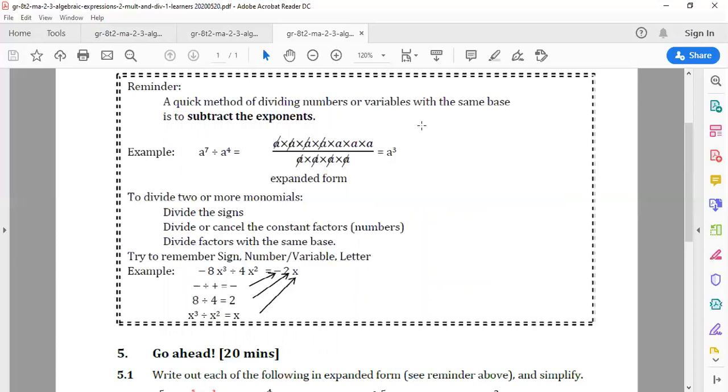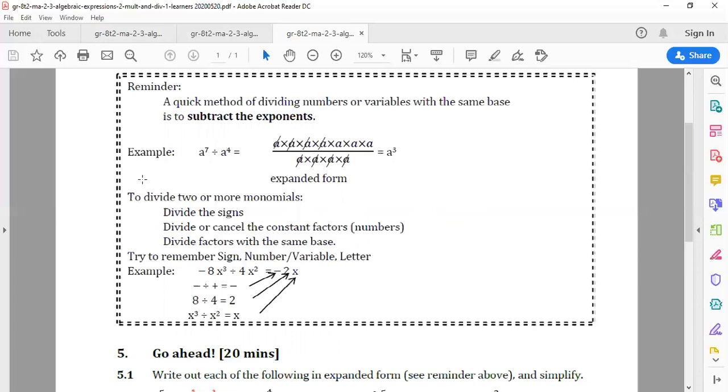The method here is to use the numerator and the denominator. We know once you divide, the second term is your denominator, the first term is your numerator. And a to the exponential 7 means a multiplied by a multiplied by a all together 7 times. And at the bottom, a multiplied by itself, there's 4 a's. And then what is common, they cancel out. You're left with a cubed.